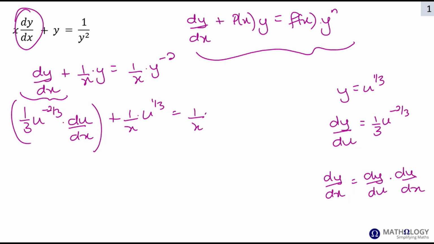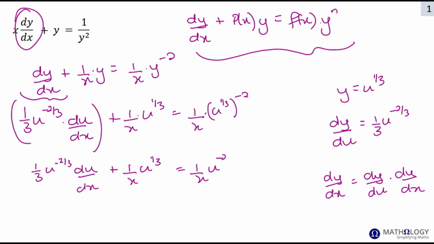So y is u to the power of a third, and that's raised to the minus 2. So we have a third u to the minus 2/3 du/dx plus 1 over x u to the third equals 1 over x u to the minus 2/3.